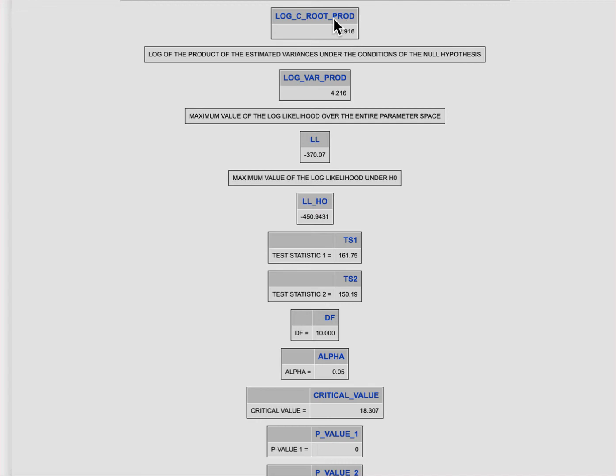Even though we're rounding it here to 0.916, PROC IML is retaining the full precision of what that natural log actually is, and the same for the natural log of the product of the variances. So the difference between 161.7 and 161.75 is just because we've introduced rounding in each of these, and that rounding error propagates to this final answer.